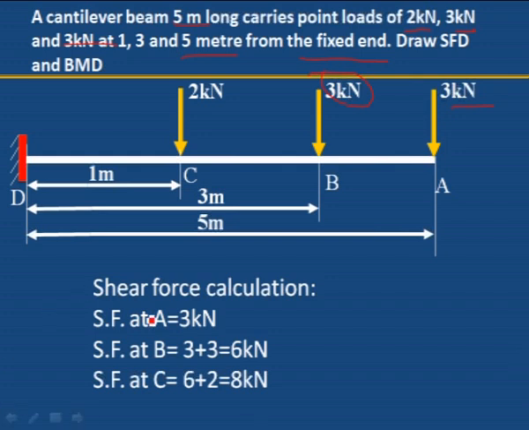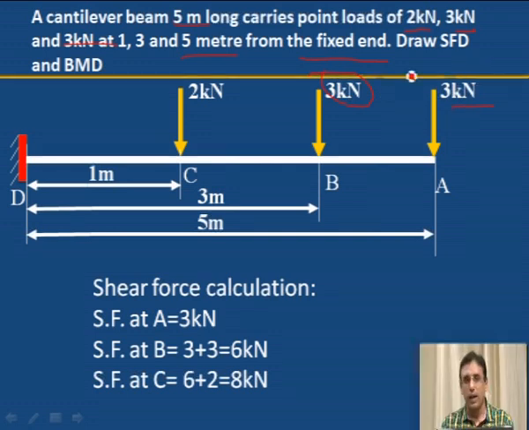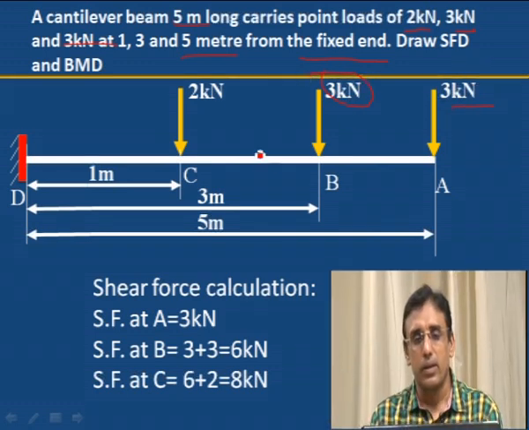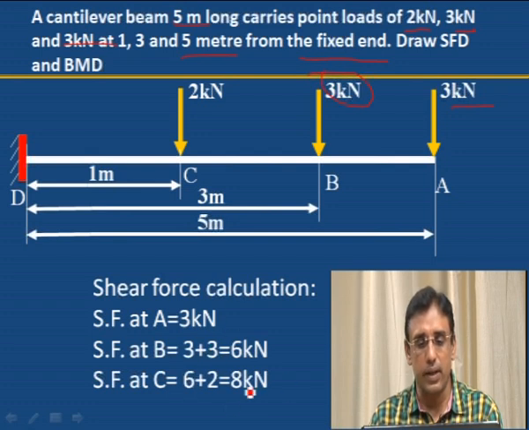Next, shear force at C. The 3 kilonewton here plus the first point 3 kilonewton and then the second point 3 kilonewton, then the third point another 2 kilonewton is added. 3 plus 3 plus 2, that is total 8 kilonewton. We can take the previous value 6 plus another addition of 2. 8 kilonewton is the shear force at C.